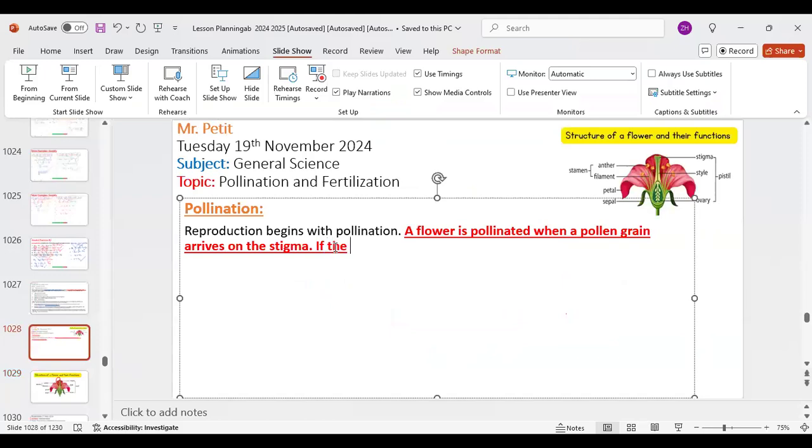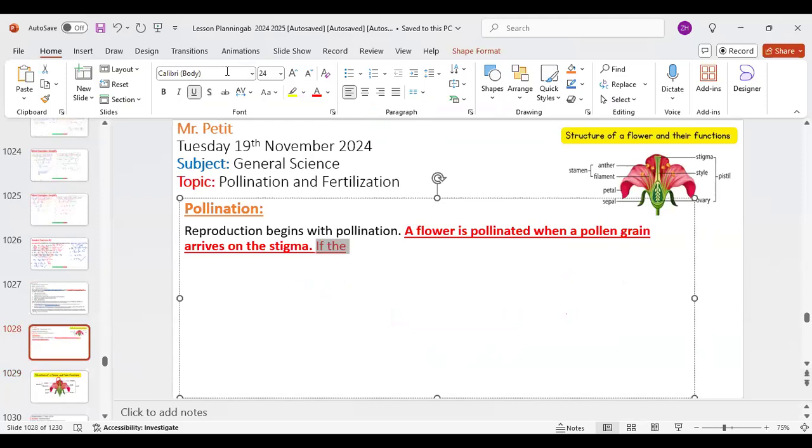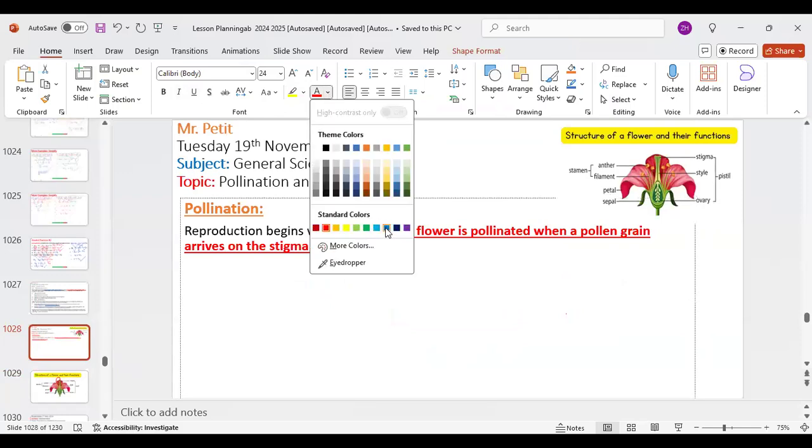So we're going to differentiate self-pollination versus the other type of pollination. Very important now, let me put this in blue.